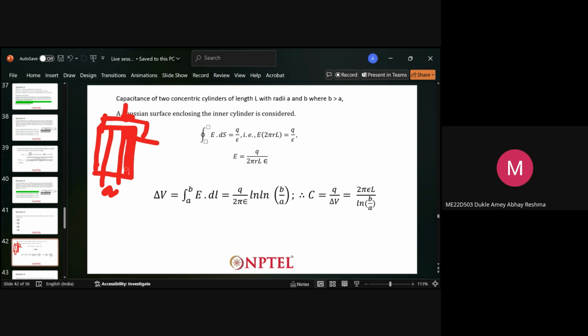This is what we have got as E. Now to find out the voltage, we integrate this electric field over the distance, between A and B. Once we get the electric potential difference between the two plates, we substitute it in the capacitance formula. So the answer is 2 pi epsilon naught L upon ln B by A.